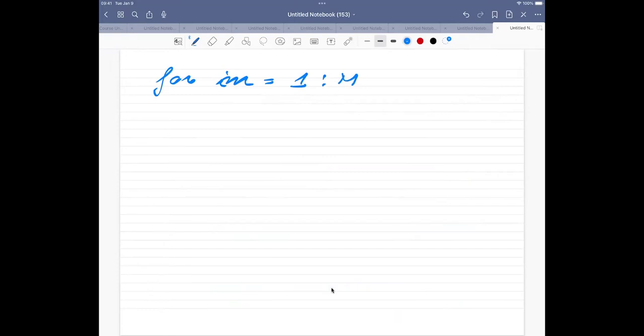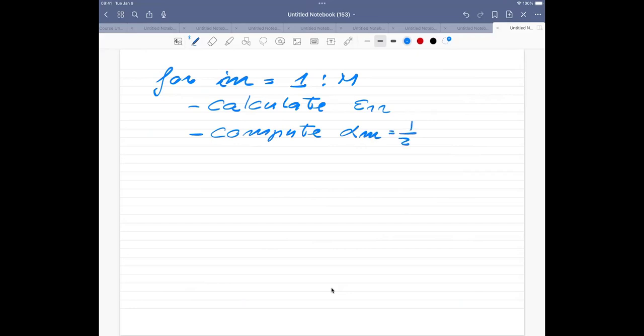Then we have the weak learner we are going to optimize. So we calculate the error as defined in the equations previously. We calculate this error, then we compute this alpha_m, which is equal to 1/2 of the logarithm of (1 minus this error which we defined, epsilon_m) over epsilon_m.